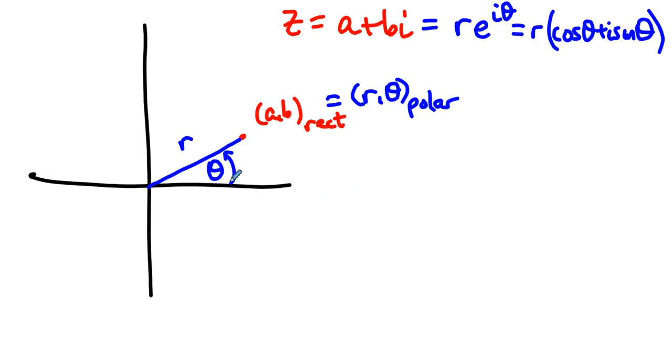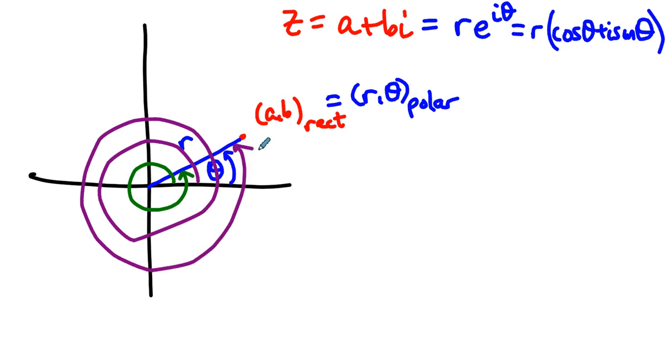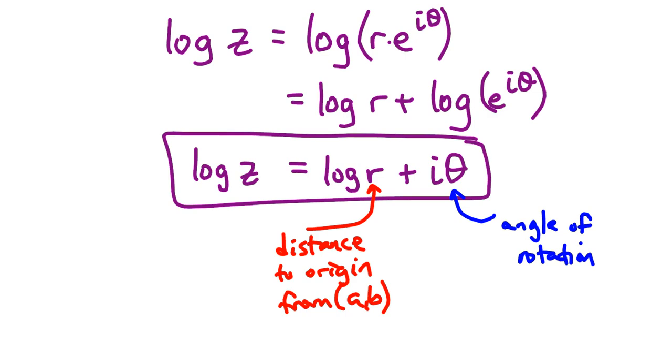This is the angle theta, but this is also the angle theta, and this is also the angle theta. There are lots of thetas that connect to one particular point in the complex plane. So the log of a complex number has many, many possible values because there are many, many possible thetas. And I'll show you what I mean.